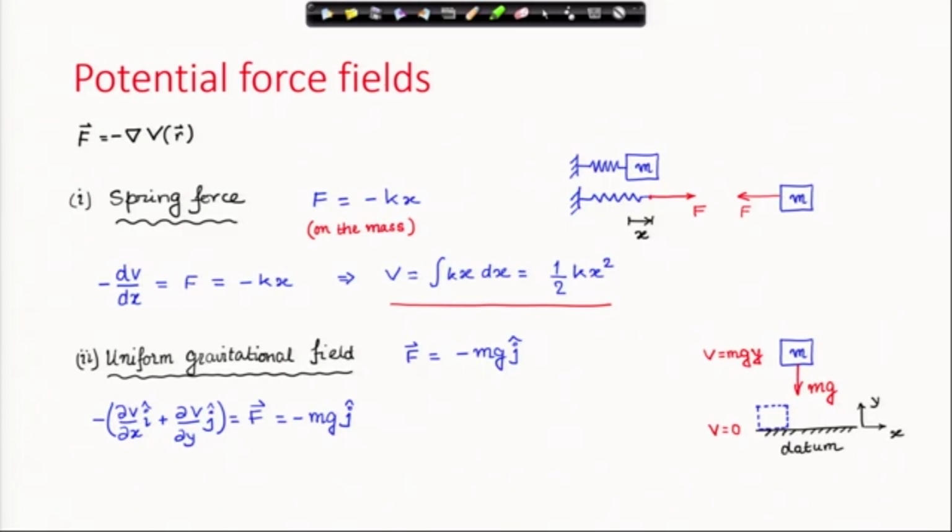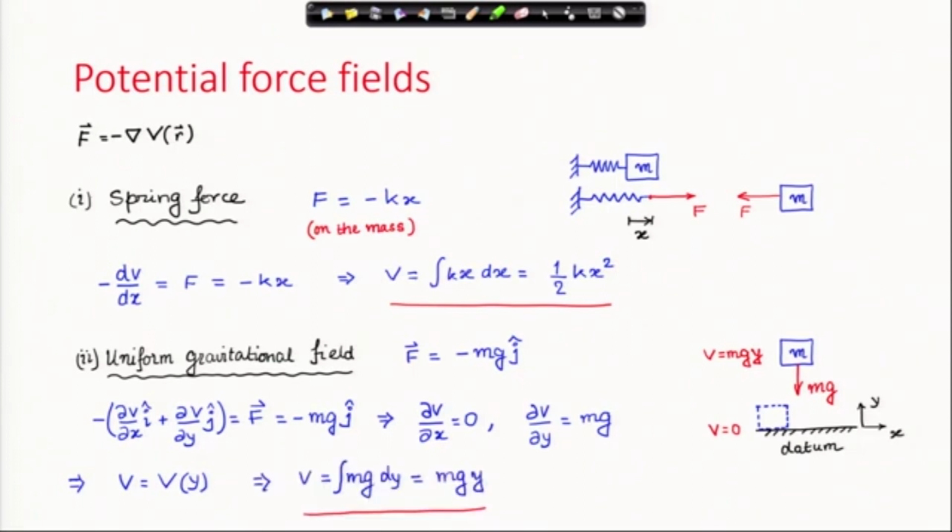The negative gradient of the potential, which is equal to the force, is minus mg j cap. Now, I look at the components. Del V del x is 0, that means the potential is only a function of y, and del V del y is mg, which is the force due to gravitation, uniform gravitational field. Therefore, V must be a function of only y, and by integrating I get V equal to mgy.